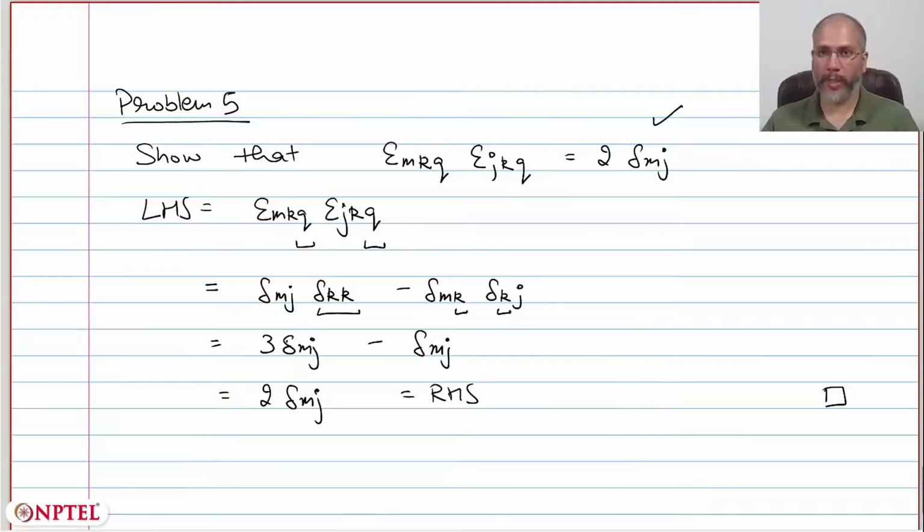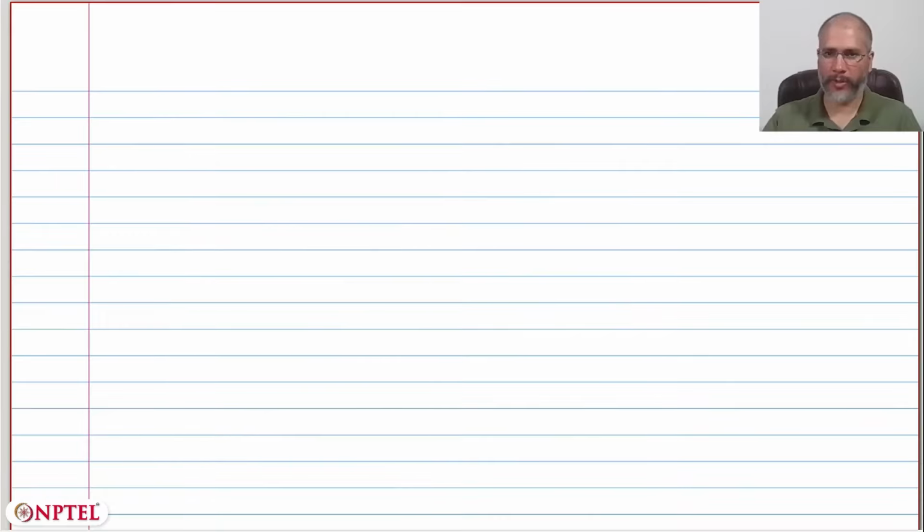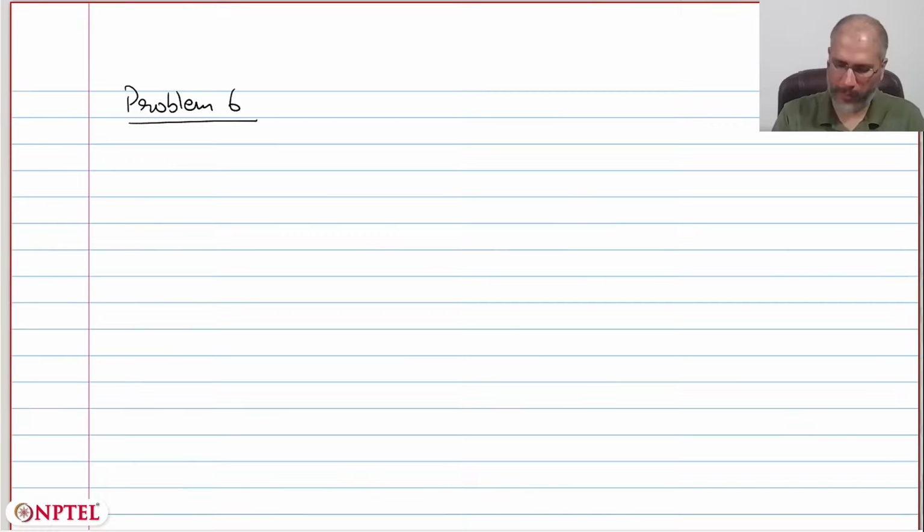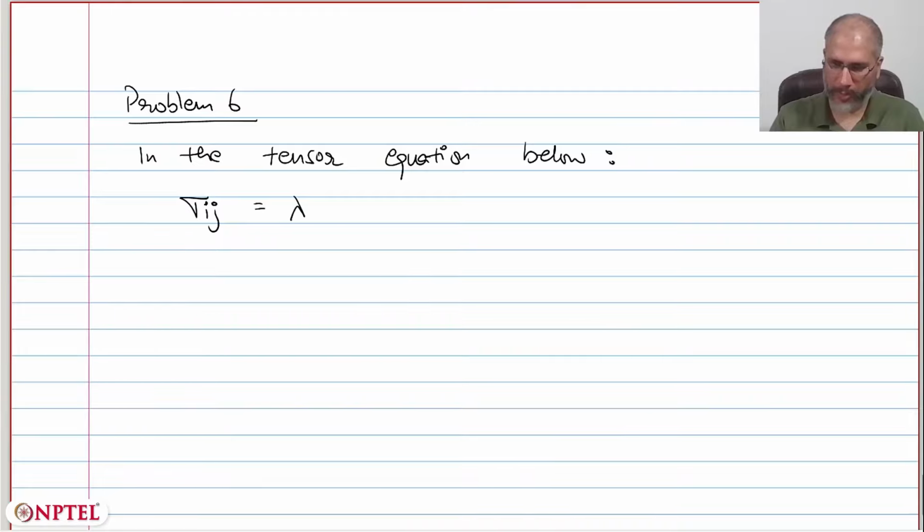So now we'll move on to the last problem of today's tutorial, that is problem 6. So we have been given a tensor equation. Sigma ij is lambda times delta ij times epsilon kk plus twice mu epsilon ij. So it's again a two-part problem.